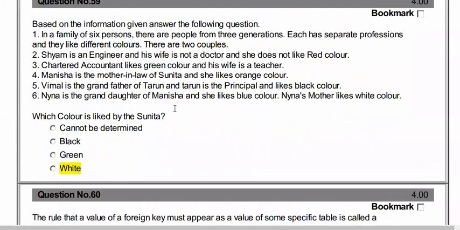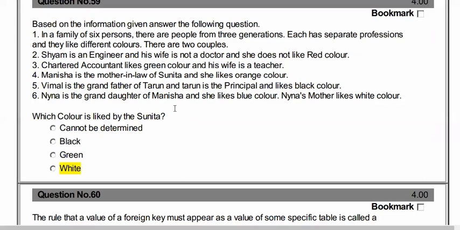Based on the information given, answer the following question. First information. In a family of 6 persons, there are people from 3 generations. Each has separate passions and professions, and they like different colors. There are 2 couples. Sham is an engineer and his wife is not a doctor and she does not like red color.